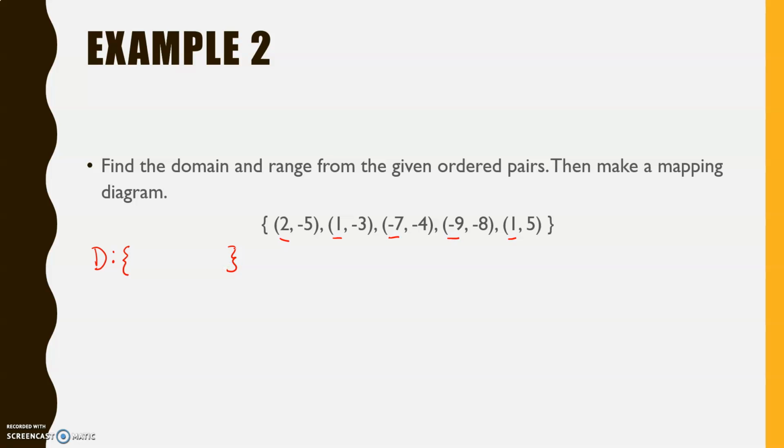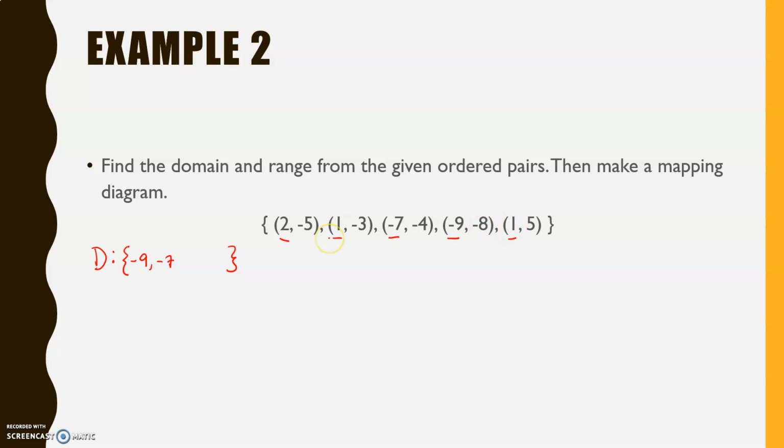I call them face brackets because it looks like a forehead, a nose, and a chin. I think they've been called braces, brackets, it doesn't really matter, but you need to make those little face brackets. And then for our domain, we're going to put these x coordinates in numerical order, from least to greatest. So the smallest would be -9. The next one would be -7.